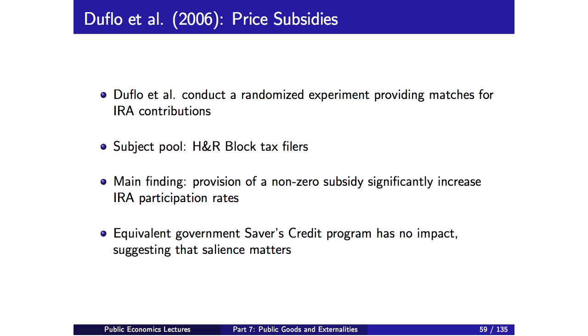Okay, so let's start with the price subsidies. So there are several papers. I'm going to talk about a paper by Esther Duflo, Emmanuel Saez, and co-authors Jeff Liebman and others, where they conducted a randomized experiment in collaboration with H&R Block that provided matches for IRA contributions.